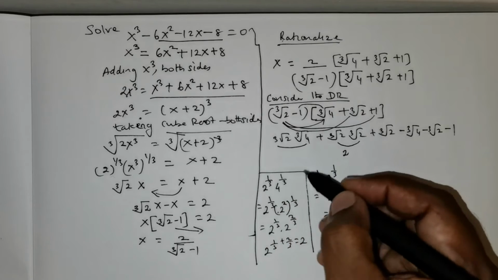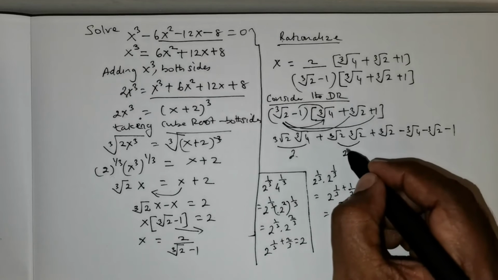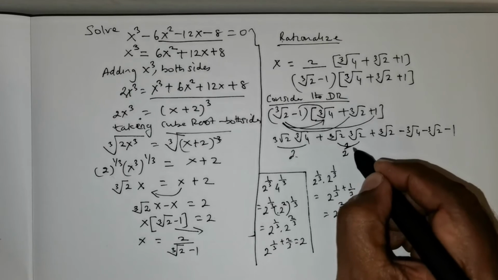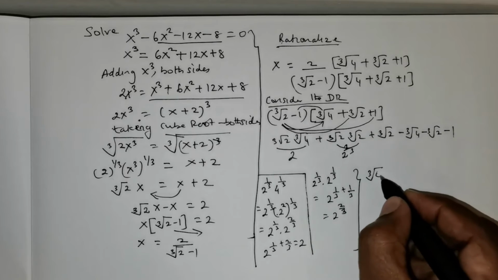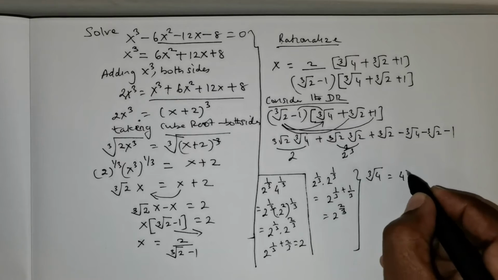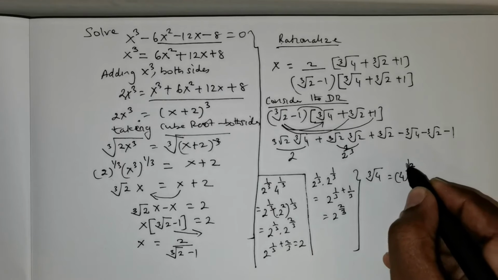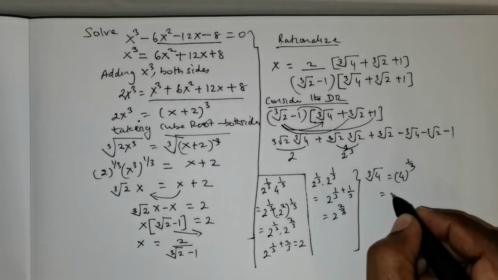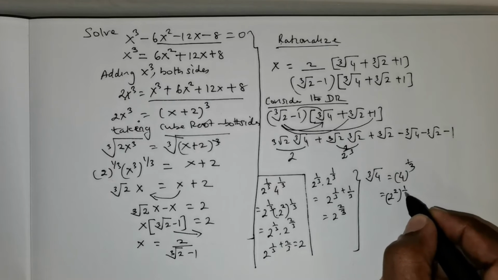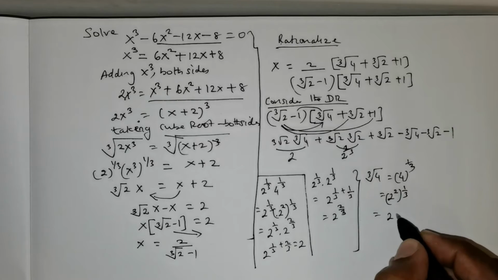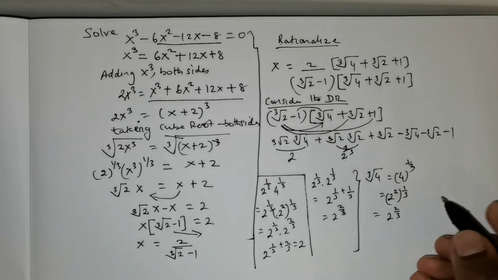So this would give me 2, and this would give me 2 raised to the power 2 over 3. Now clearly, if you are to consider third root of 4, this is going to be 4 raised to the power of 1 over 3. Now this is nothing but 4 rewritten as 2 squared, raised to the power 1 over 3, which is nothing but 2 raised to the power 2 over 3.